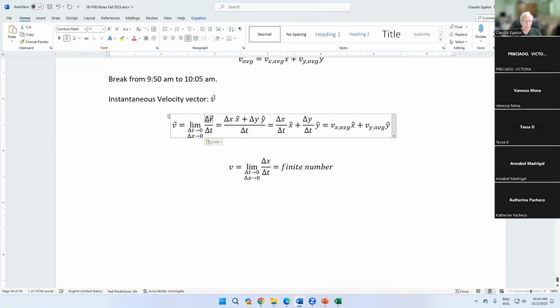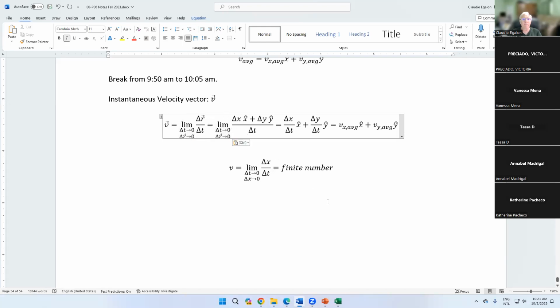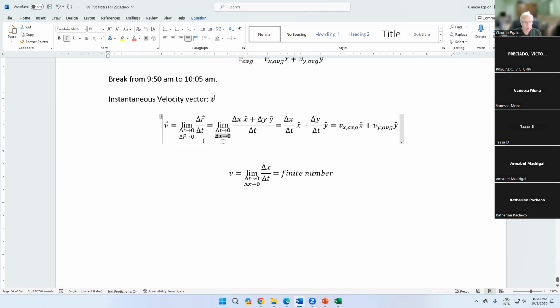And instead of delta x going to 0, it's going to be my delta r that goes to 0. Put the limit in here. And now it becomes delta x goes to 0 and delta y goes to 0, because the delta r vector is no longer there in the definition.